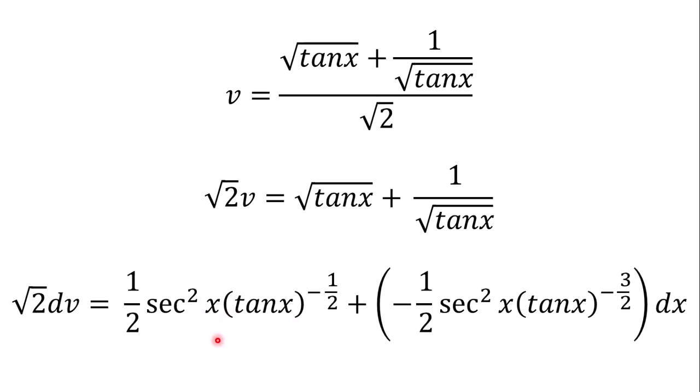This one will give us secant x squared over 2 times square root of 4 tangent x. And then when you come here, it will give us secant x squared over 2 times square root of 4 tangent x raised to the power of 3. And then when you open the bracket, it will be minus.